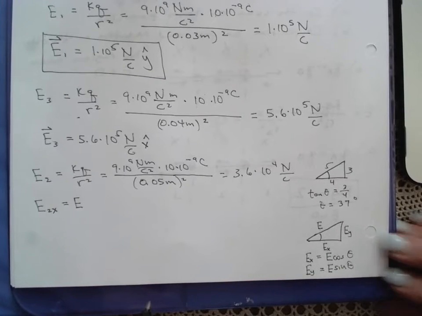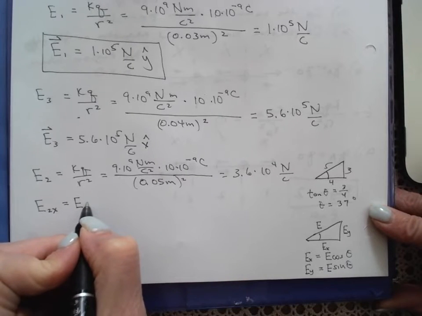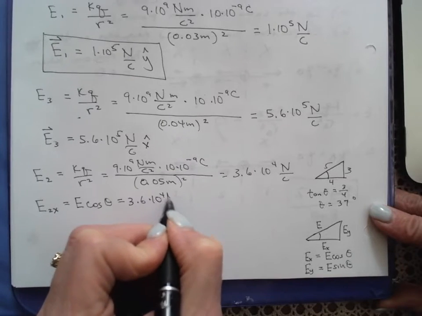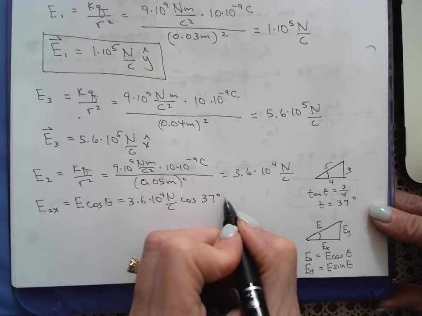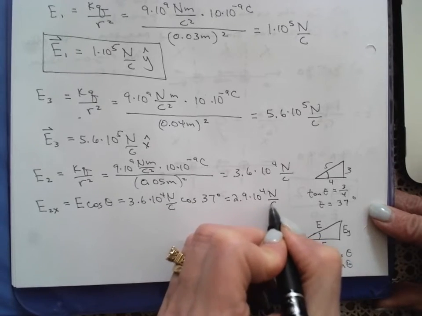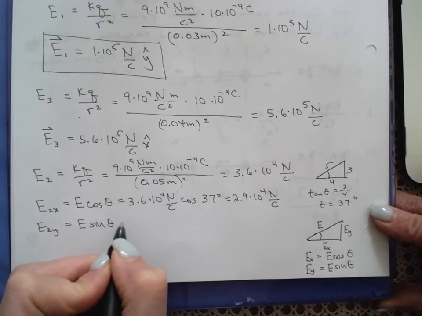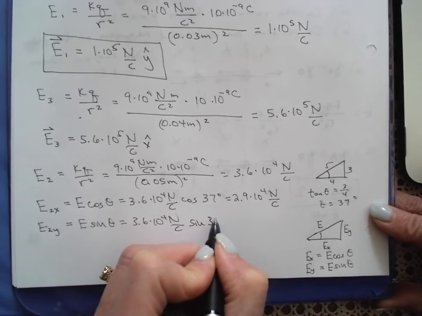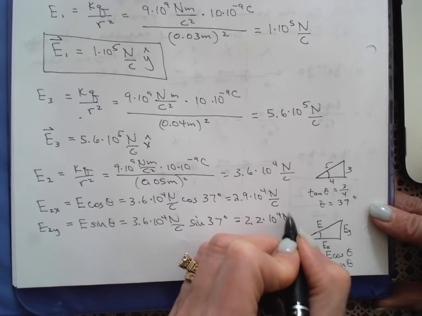There we go. So E2x is equal to E cosine theta, which is 3.6 times 10 to the 4th newtons per coulomb times cosine of 37 degrees. And so I get an answer of 2.9 times 10 to the 4th newtons per coulomb. And E2y is equal to E sine theta, which is 3.6 times 10 to the 4th newtons per coulomb times sine of 37 degrees, which is 2.2 times 10 to the 4th newtons per coulomb.